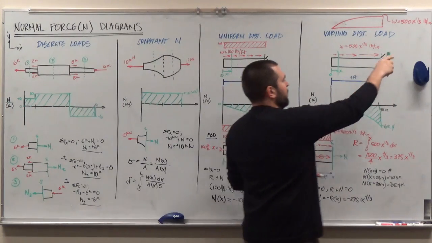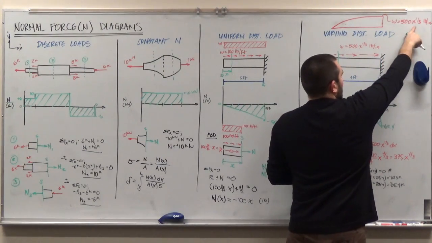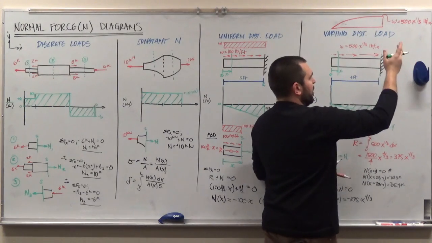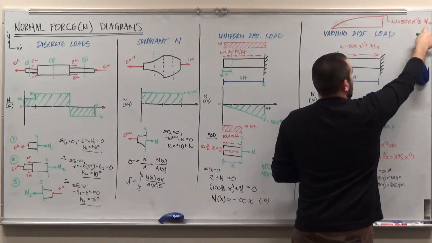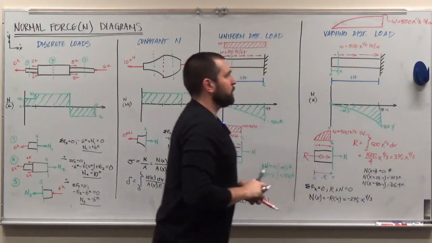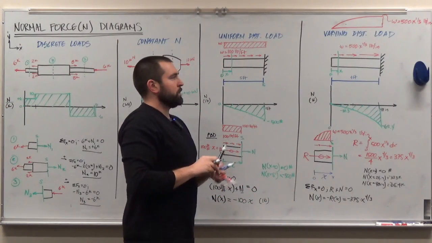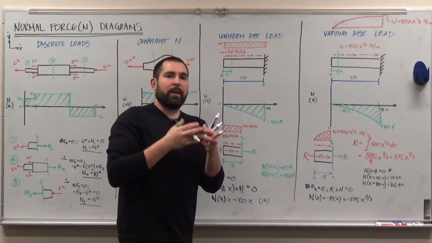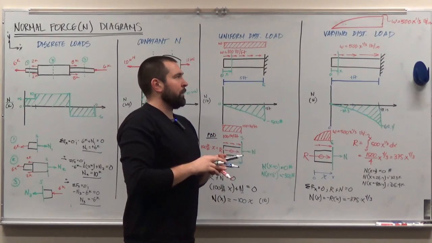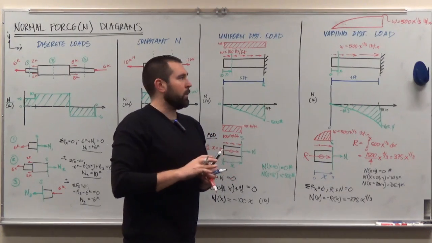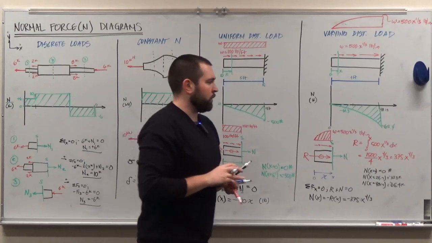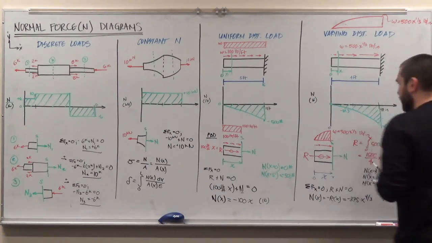If you were to just plug in a value here of x is equal to 48 inches, that's just going to end up with the same units, pounds per inch. That's what W is in units of, it's in pounds per inch. So it can't be a force, it's the intensity of a force at a given point, but it's not the actual force itself. So dimensionality is a really important way to check your results here.